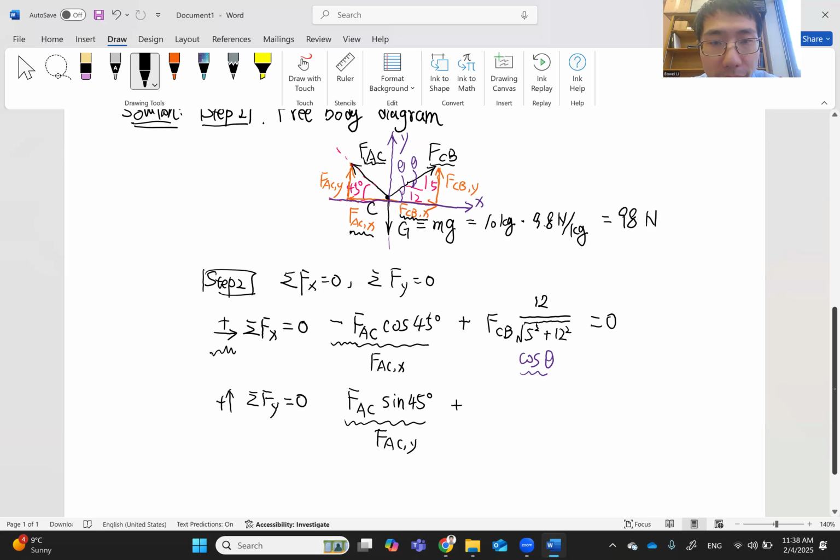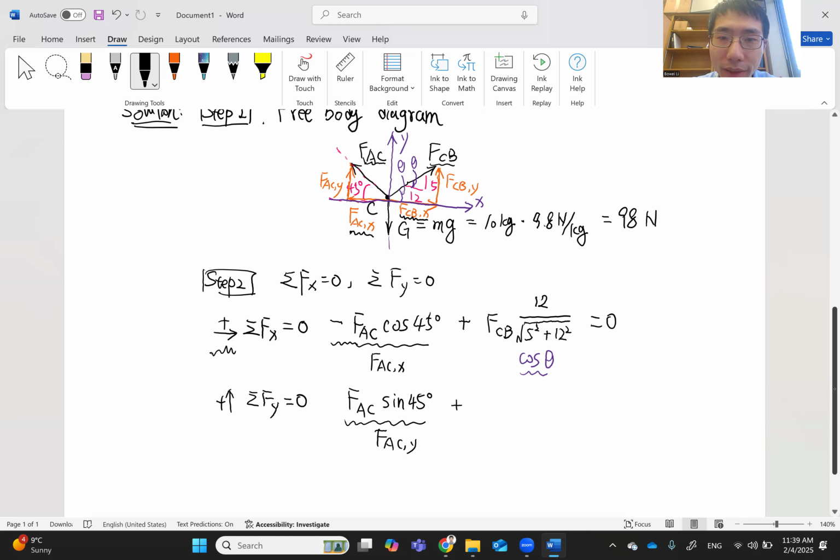Now what we also need to include is FCBY, right? For FCBY, again, it belongs to the triangle on the right-hand part, and it is the height, right?